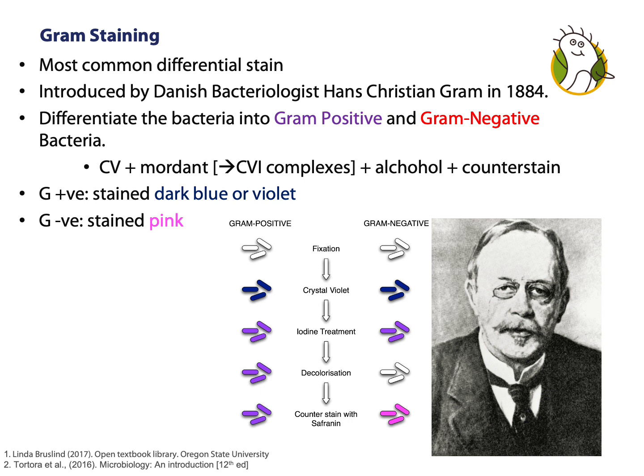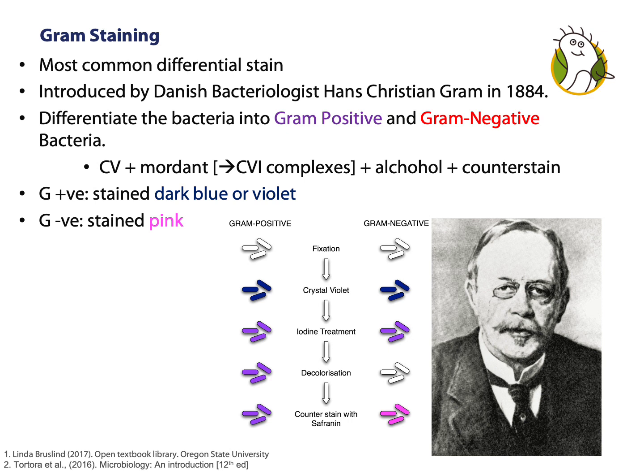Gram staining differentiates bacteria into gram-positive and gram-negative organisms. When bacteria are stained with the primary stain, crystal violet, and fixed by the mordant, some bacteria are able to retain the primary stain and some are decolorized by alcohol.